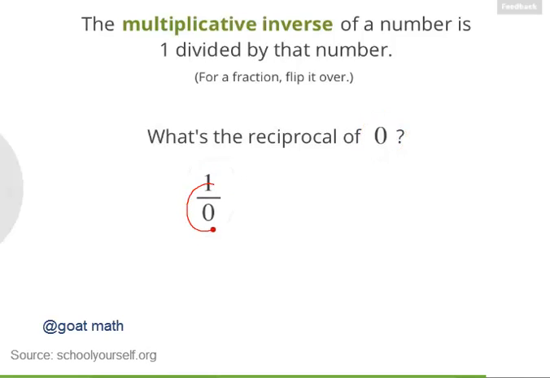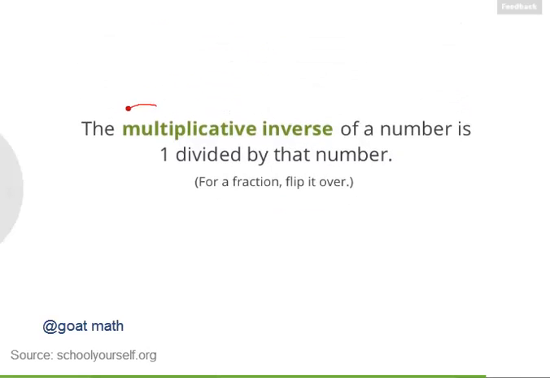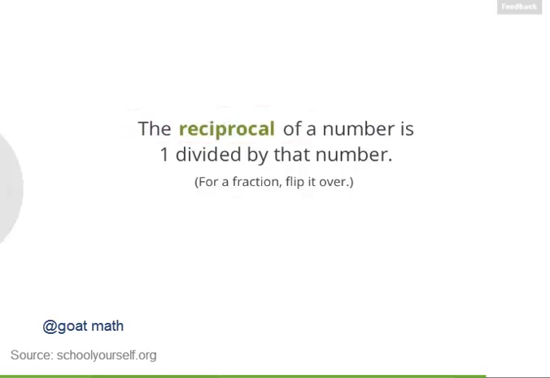But whenever you try to divide by 0, the result is undefined. There's no number that equals 1 divided by 0. So 0 does not have a multiplicative inverse. So to summarize, the multiplicative inverse of a number is 1 divided by that number. And to find the multiplicative inverse of a fraction, you can flip it over. And another word for multiplicative inverse is reciprocal.